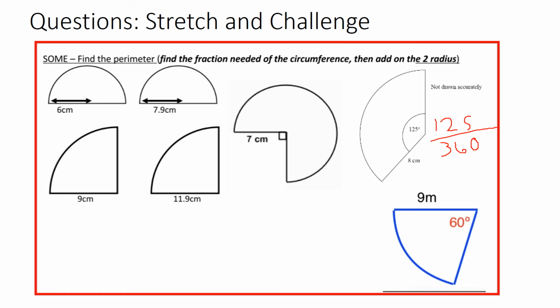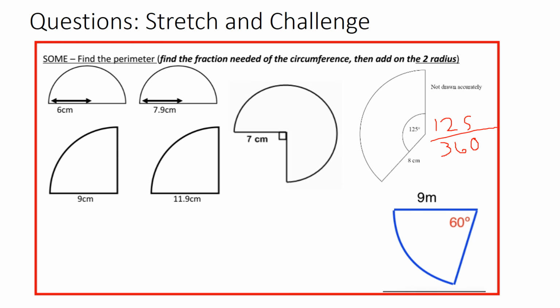So what you need to do is you need to work out your circumference, and then you need to work out this fraction of the circumference. So there's a few ways you can do that depending on what calculator you've got. But what I'd do if I was doing it is I'd find the circumference, I'd divide it by 360, and that would tell me 1/360th. And then I'd times it by 125. And that will tell me this bit going around here. Okay? But we still need to add on the 8 and the 8 to get the total perimeter.